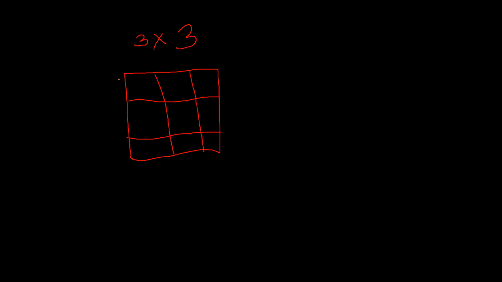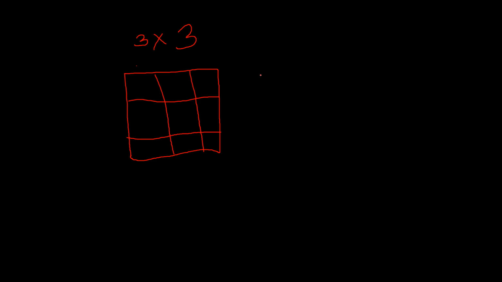In mathematics, you all know this is a 3 by 3 matrix. This is 1 by 1 in mathematics, but here it is 0 by 0, 0 by 1, 0 by 2.